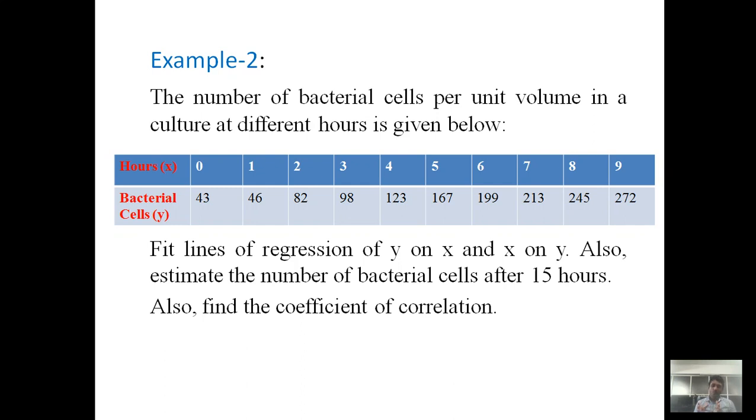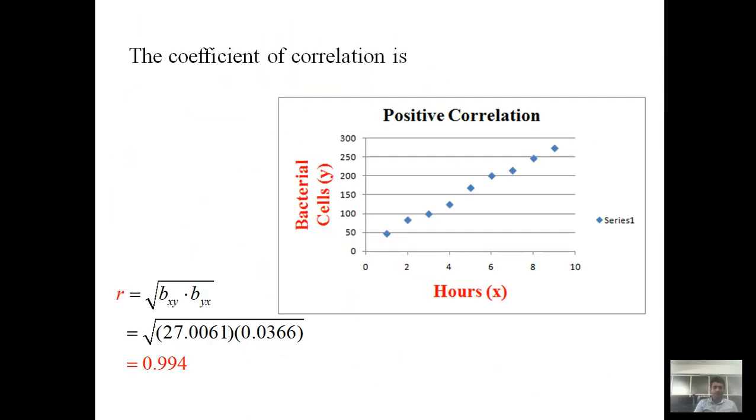But right now we cannot use each and every step of the Karl Pearson method. So we use one of the relations between the regression coefficients and the coefficient of correlation to find the value of small r, since the coefficient of correlation is denoted by small r.